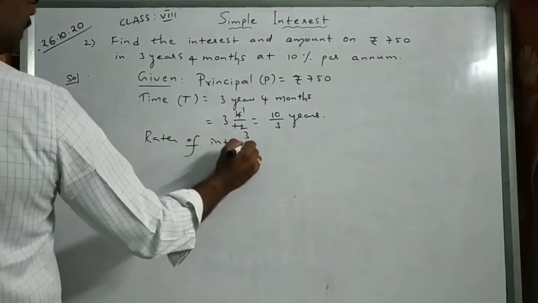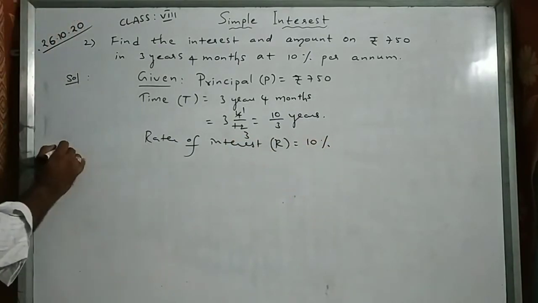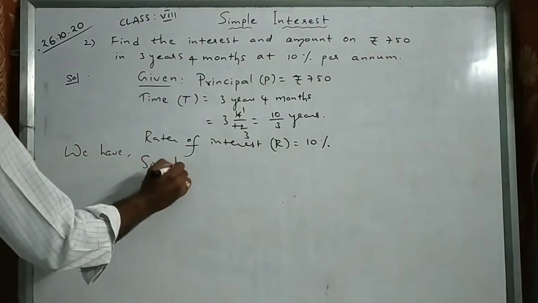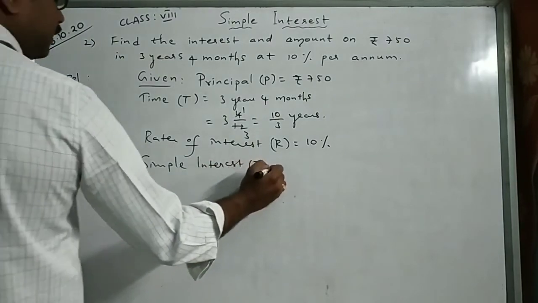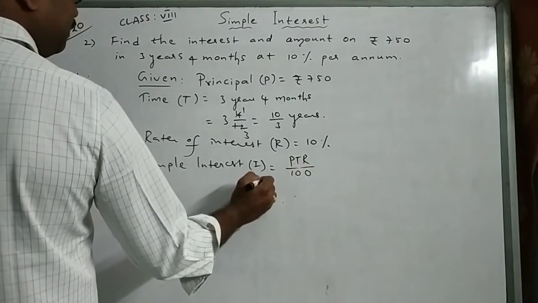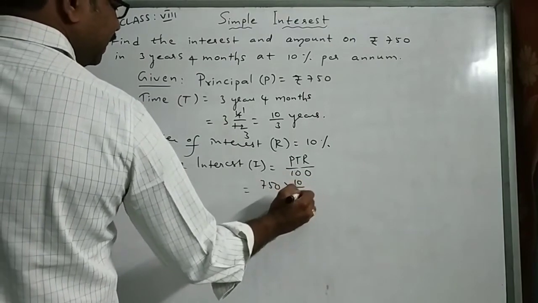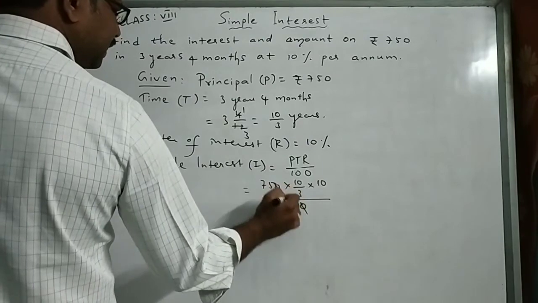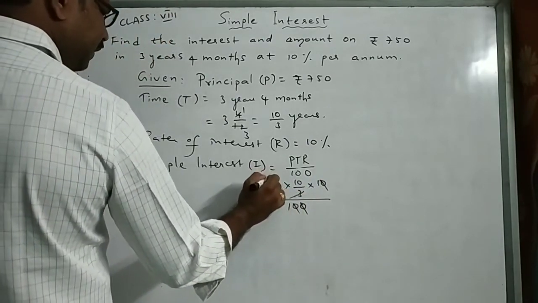Next, rate of interest R is equal to 10% per annum. So we have simple interest I is equal to formula PTR by 100. P value how much? 750. T value 10 by 3. R value 10 upon 100. 0 cancel. 0 0 cancel. 3 ones, 3 fives.